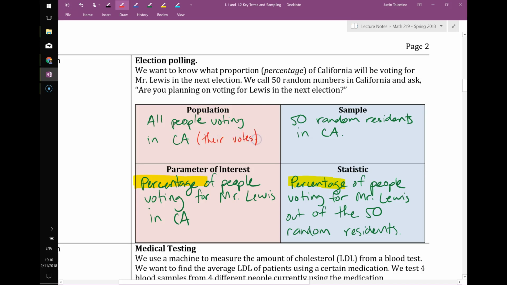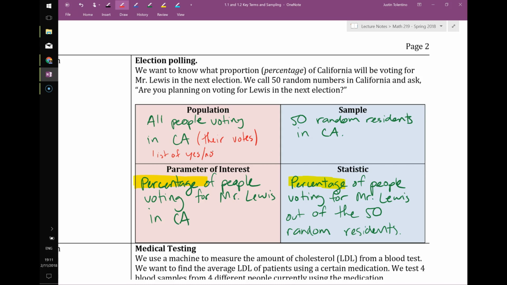Because I don't want the names of the people, but what I want is a list of how they're going to vote, meaning yes, vote for Mr. Lewis or no, Mr. Lewis. It'll be a list of yeses and nos. Because we're asking them, are you planning to vote? Well, they're going to answer either yes or no. So if I have that list of every single person voting in California, then yes, we have the population.